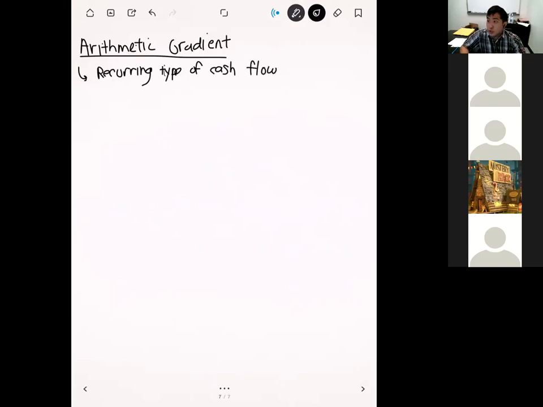And so it's much more closely related to the uniform series than the present sum or future sum. Okay. And in fact, you can kind of almost think of this as the flamboyant sibling of the uniform series. Okay. All right. And so what do we use this for? Right. And so arithmetic gradient is used to represent situations where your recurring payments are increasing over time. Okay.